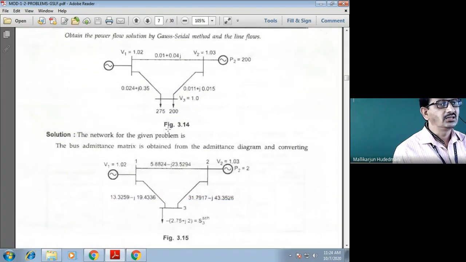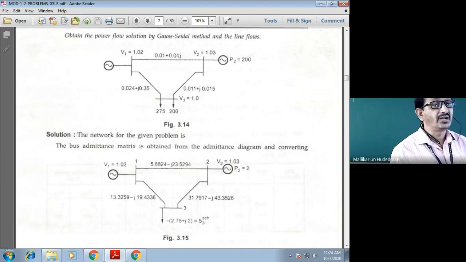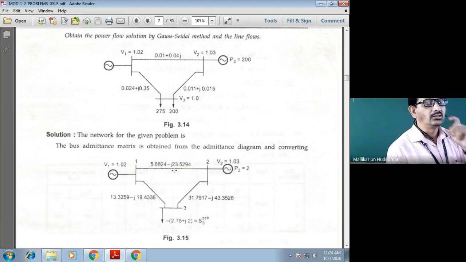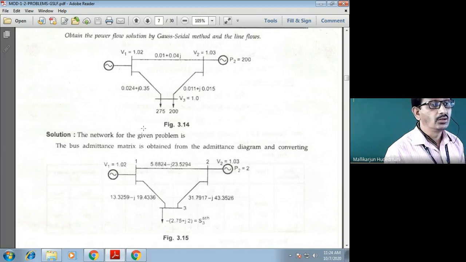Initially, the first diagram is the diagram with the 3 buses with the impedances on them, and the impedance is converted to admittance in the next figure. All the data were given in numerical values, 200 megawatt, 275 megawatt, 200 like that. They need to be converted to per unit by dividing by 100.